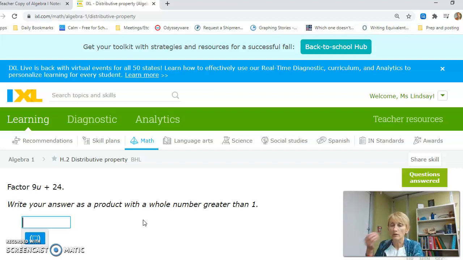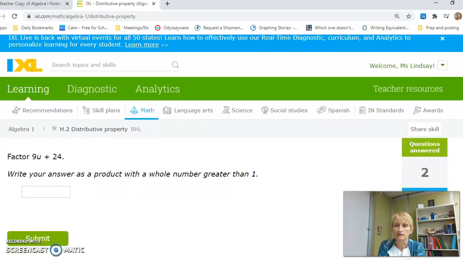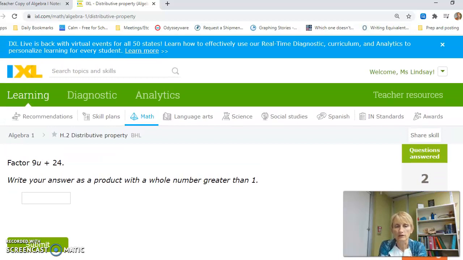So this one, now we're kind of going to work backwards. We're going to think, what number would go into this 9 and into 24? Well, 3 goes into both of those. So I'm going to write a 3 out here on the outside, and then you can just click that button and it'll make the parentheses.